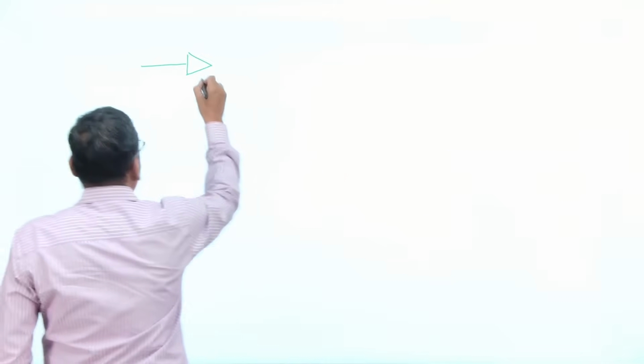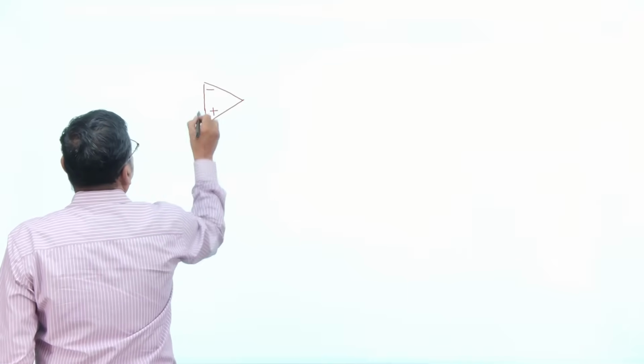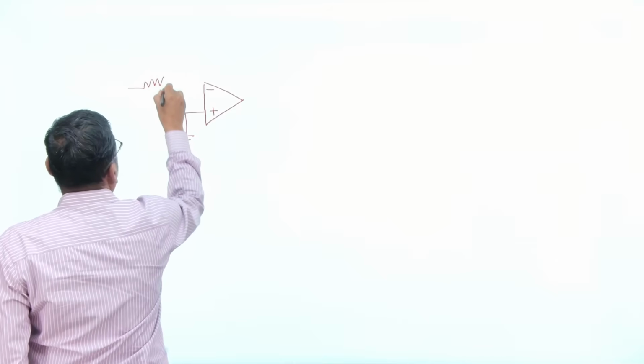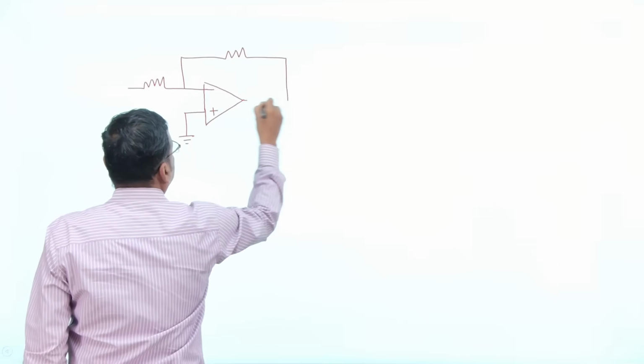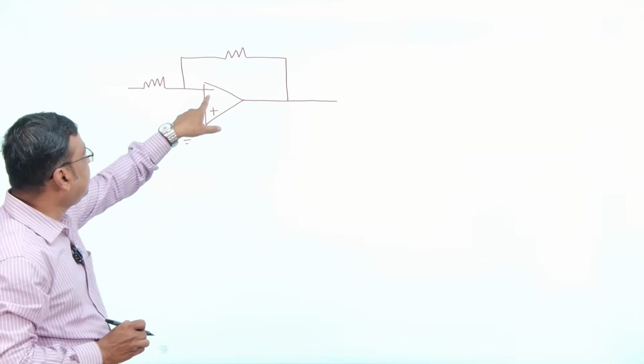Now suppose there is a question like this, in case of operational amplifier. Suppose I give the circuit like this. Suppose this is your inverting amplifier. The inverting amplifier means the negative terminal here.